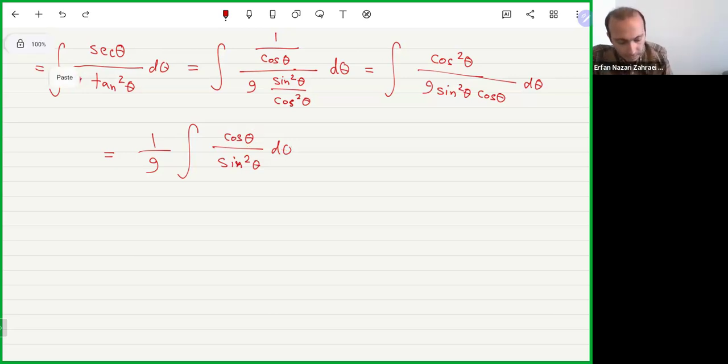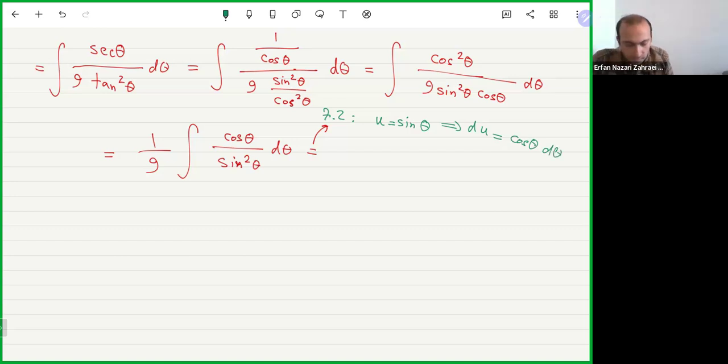I do that. Using 7.2, I use u equals sine theta as a substitution. Then du is cos theta d theta.